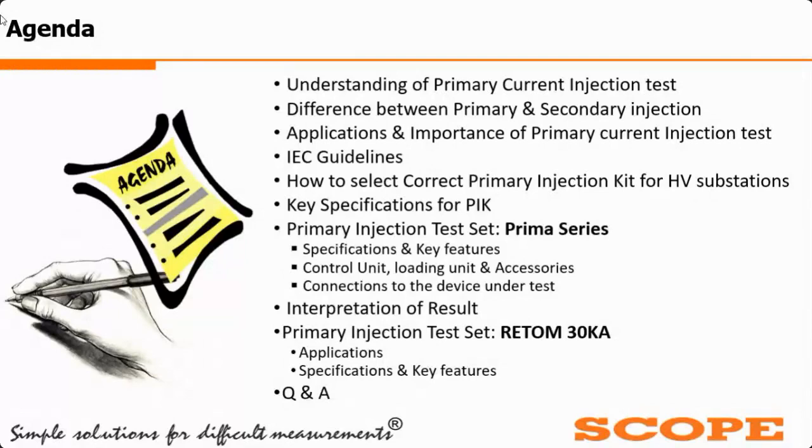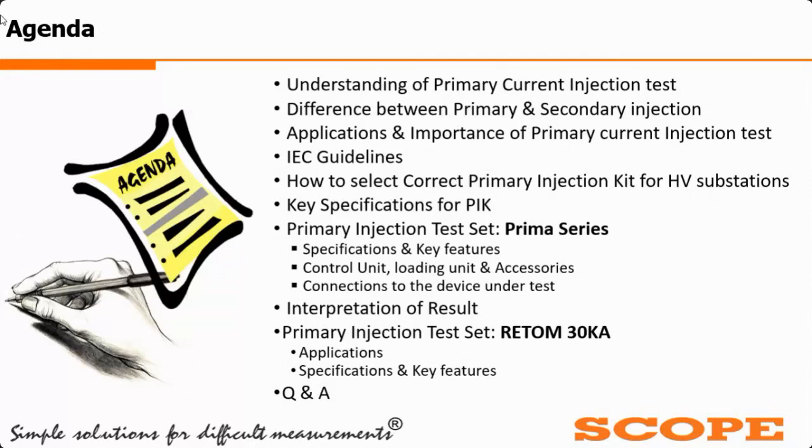After that, we will have a brief introduction about the Prima series, that is Scope manufactured primary injection test kit. In the Prima series, we will see the specifications and the key features we have provided in our instrument.